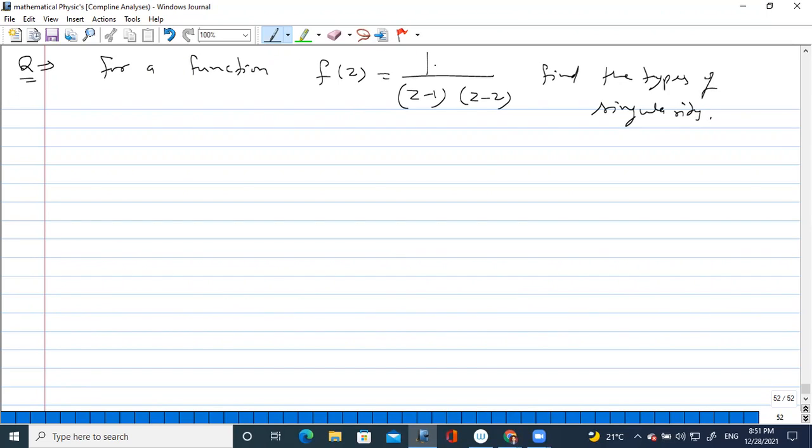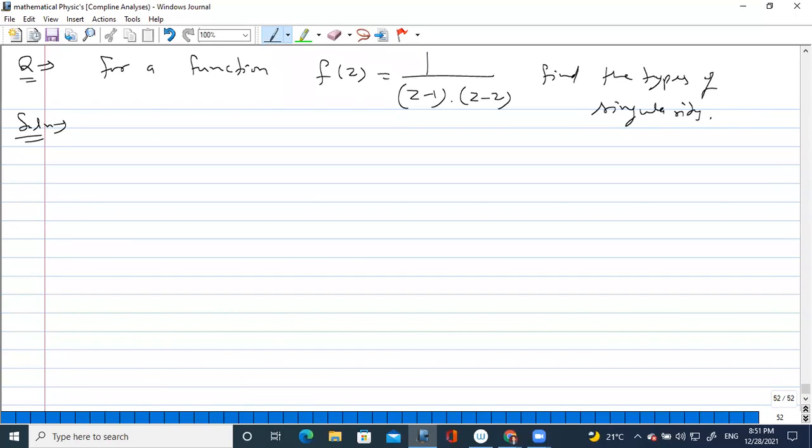Okay, so this is the function. First of all, two points can be singularities. If I put z equal to 1, that is a singularity. If I put z equal to 2, that is also a singularity, because the denominator becomes 0 and it is infinite.